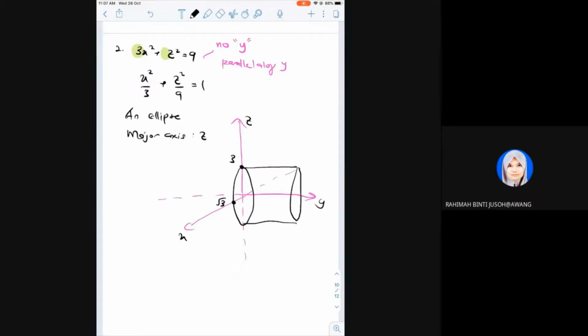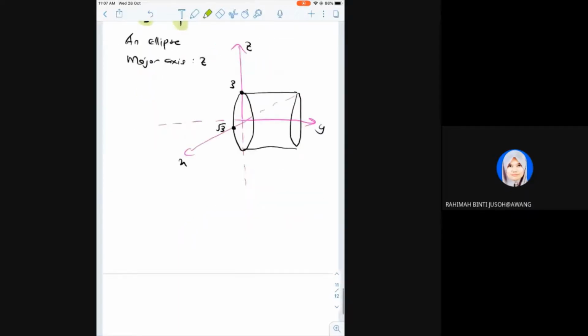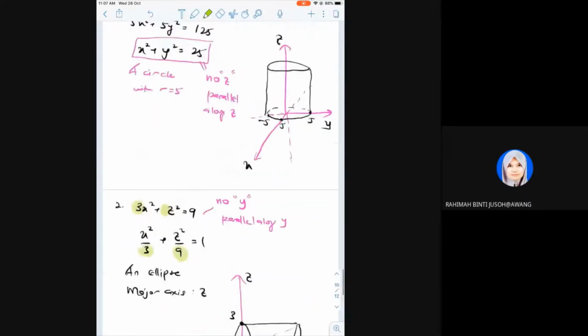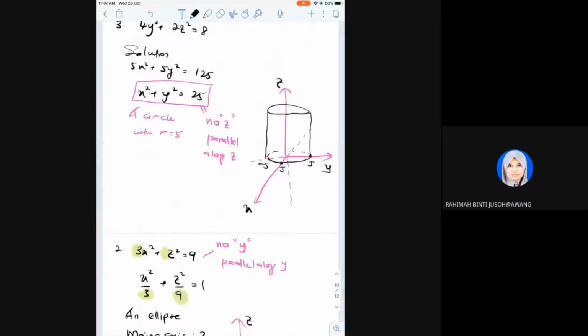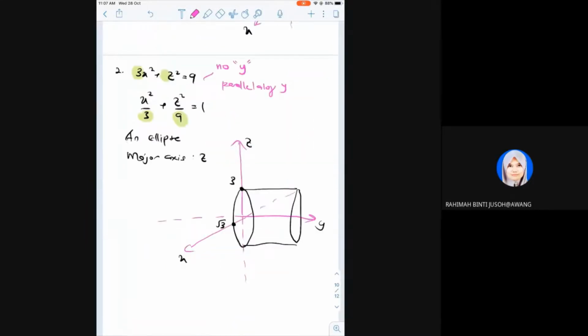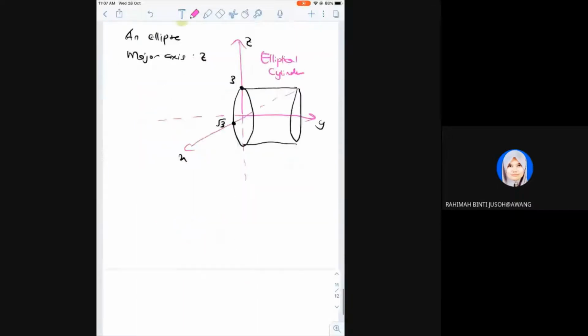Right? 3 and square root 3 lah. Because ini you kena cari, ini punca kuasa 9, 3, punca kuasa 3, square root 3 lah. Okay. So next question number 3. Oh, before I forgot, guys. This is called as circular cylinder sebab dia circular. And this is called as elliptical cylinder. Okay, sebab dia ellipse.